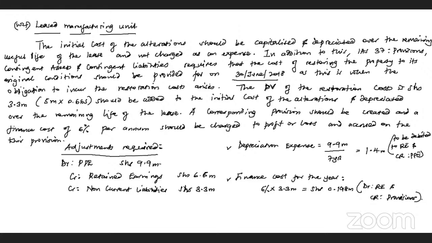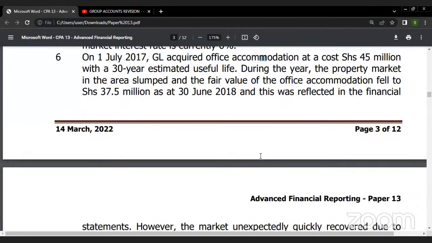I think that is note 6, according to the question. We have note 6. On 1st July 2017, DL acquired an office accommodation at a cost of 45 millions with a 30-year estimated useful life.